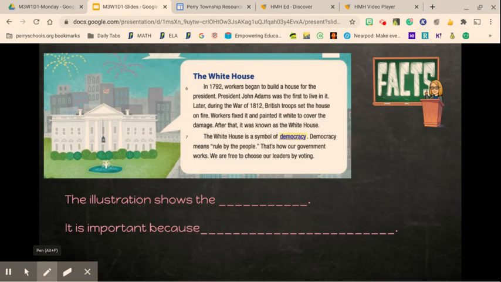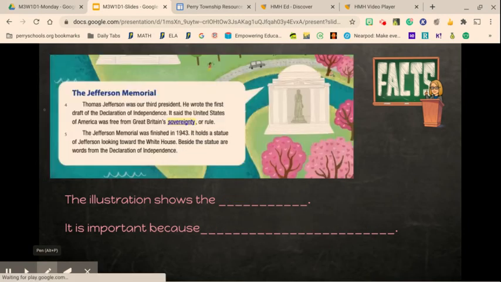So as I'm thinking about this, I know that this illustration shows the White House, and the White House is important because the White House is a symbol of democracy. It's a symbol to show how our government is run. All right, let's look at another one. We're going to do the same thing. This one is the Jefferson Memorial. Thomas Jefferson was our third president. He wrote the first draft of the Declaration of Independence. It said the United States of America was free from Great Britain's sovereignty or rule.